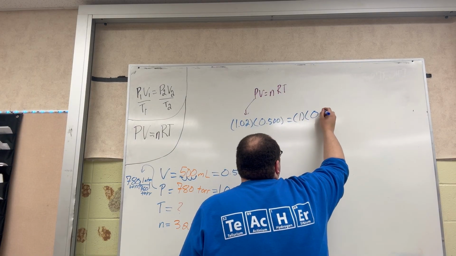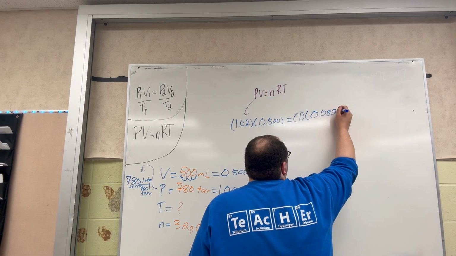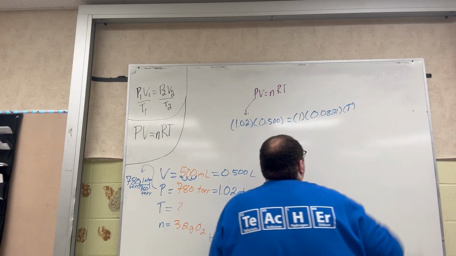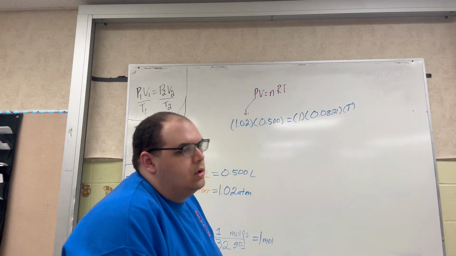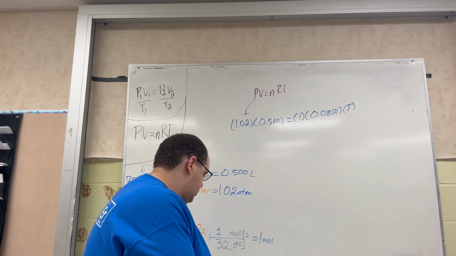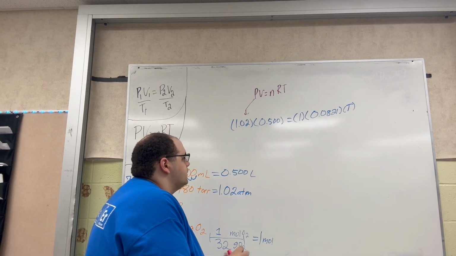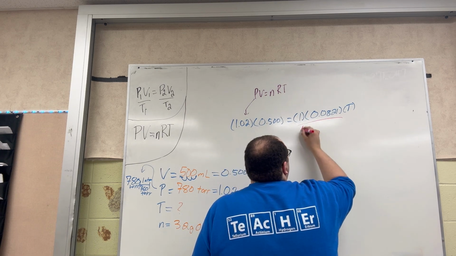My R constant never changes, 0.0821. And I'm solving for T, temperature. Do my algebra, get T by itself.